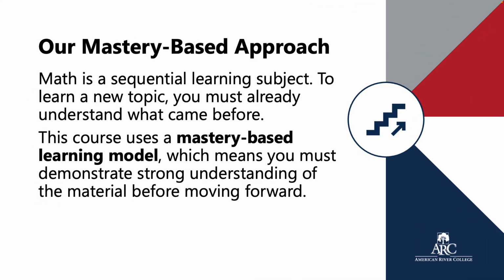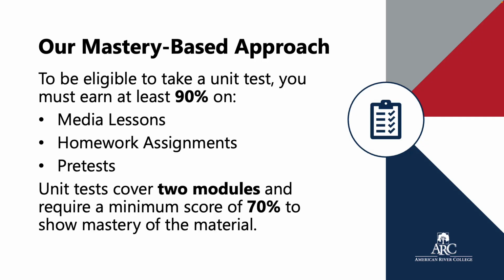To learn a new topic, you must already understand what came before. This course uses a mastery-based learning model, which means you must demonstrate strong understanding of the material before moving forward. In our mastery-based approach, to be eligible to take a unit test, you must earn at least 90% on the media lessons, homework assignments, and pre-tests that come before a unit test.